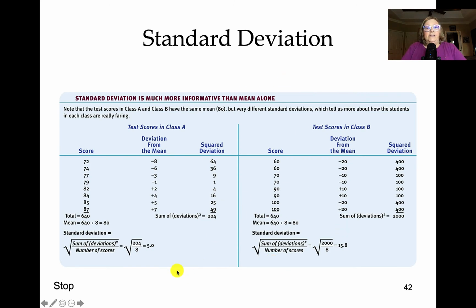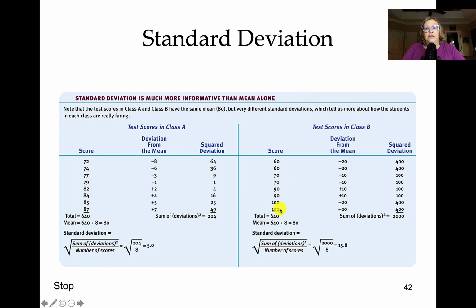All right, and this is an example of why you don't really want to have to calculate standard deviation by hand. This is an example of a bunch of exam scores. They are spread from 87 to 72 over here on the left, and on the right they're spread from 100 to 60. So the range here is 15 on this side.